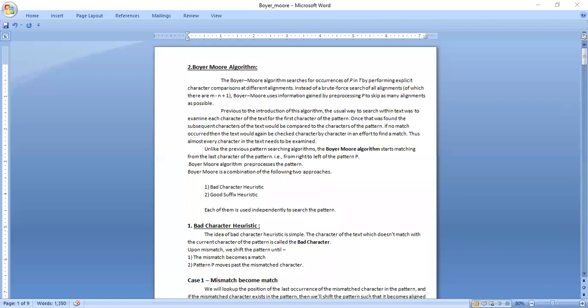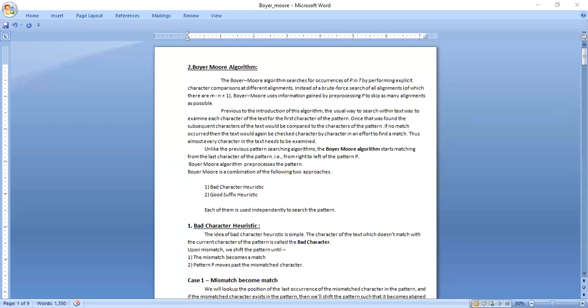The first character doesn't match, so I shifted by one position. I kept shifting till my pattern matched in the text.